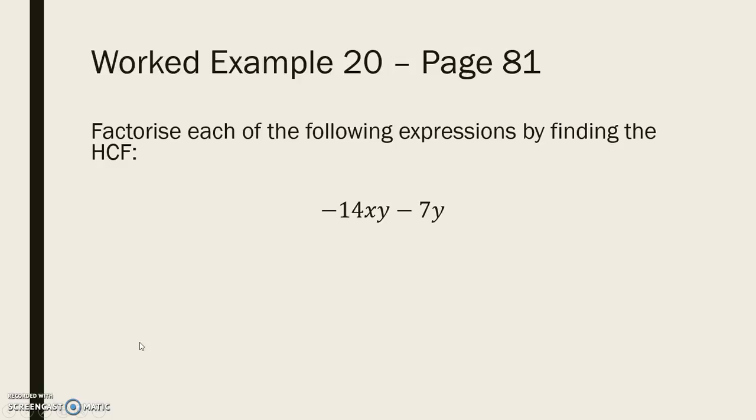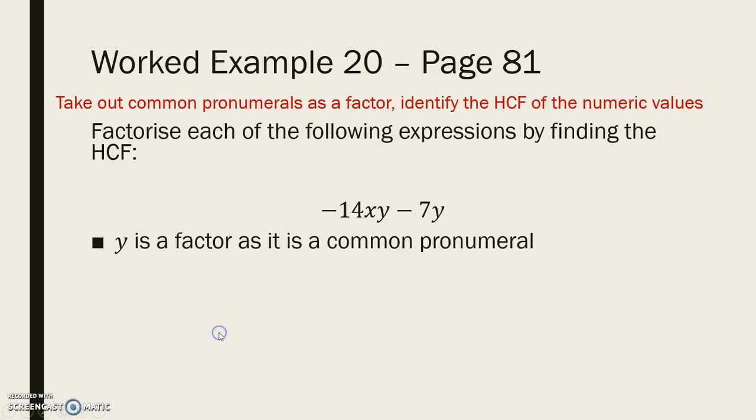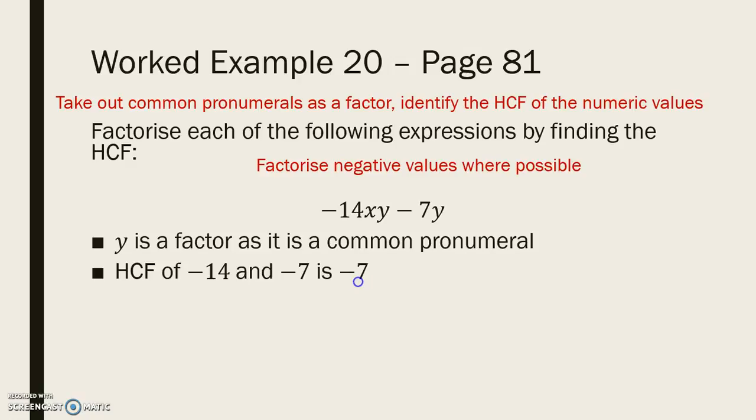Here's a second example. This one has pronumerals as well as numeric values. So let's look at the pronumerals first. Y is a common factor to both, so that means part of the highest common factor. The highest common factor of negative 14 and negative 7, remember the negative stays with the coefficient, is negative 7. And as much as possible we want to remove those negative values where we can.